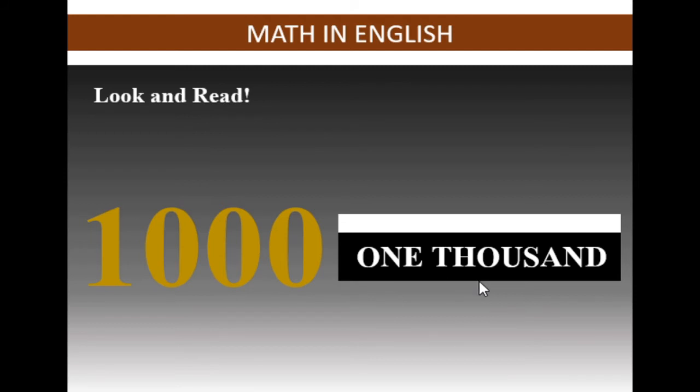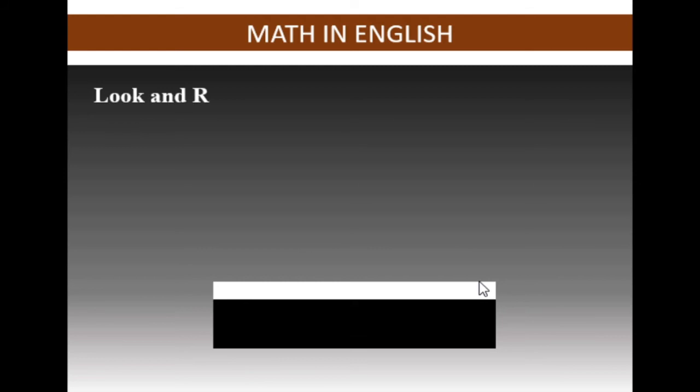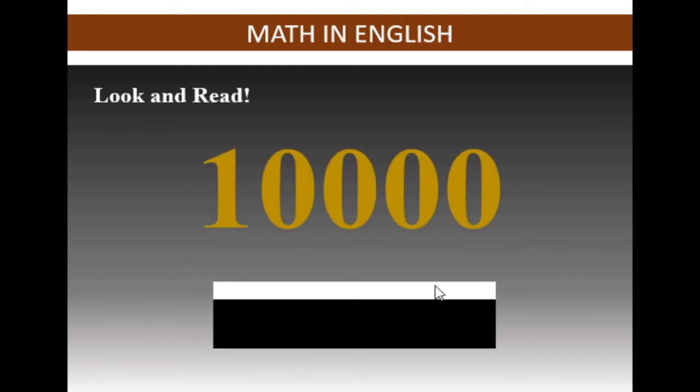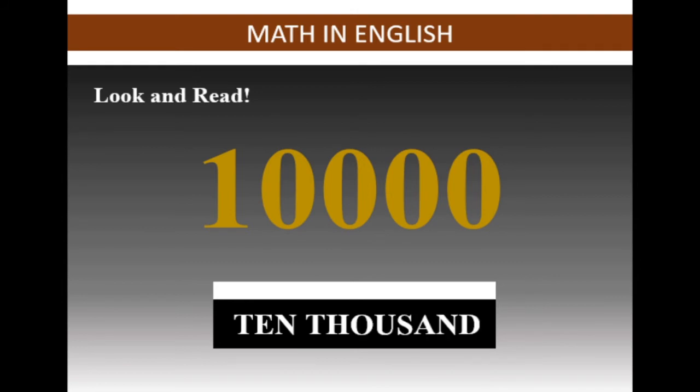Alright, very good. And how about this? A number with 4 zeros and a 1. How do you say the number? Okay, you say it 10,000.